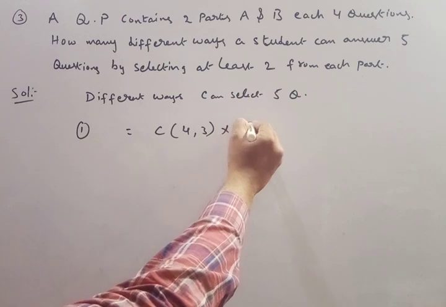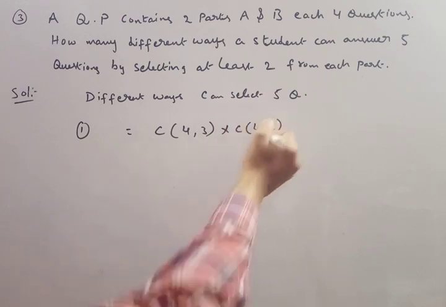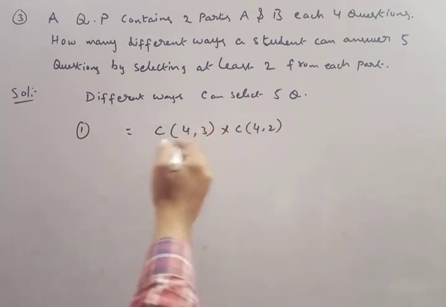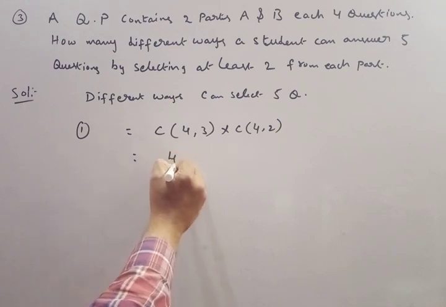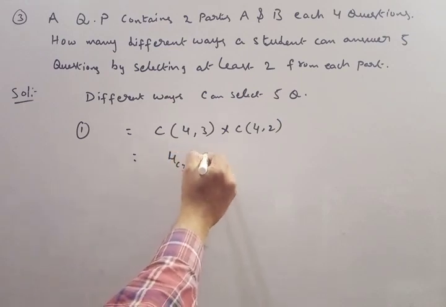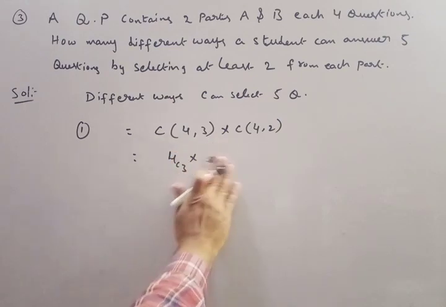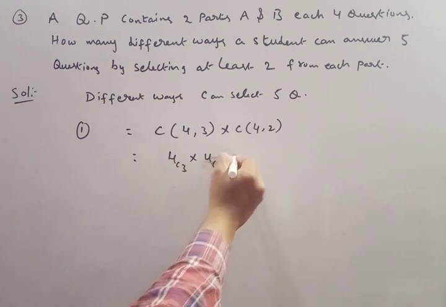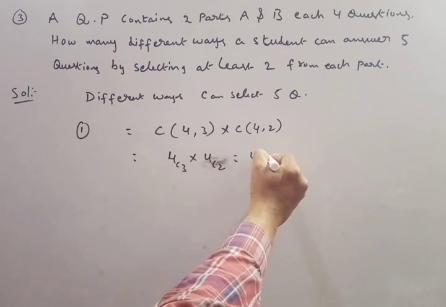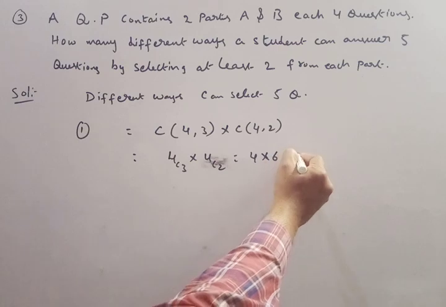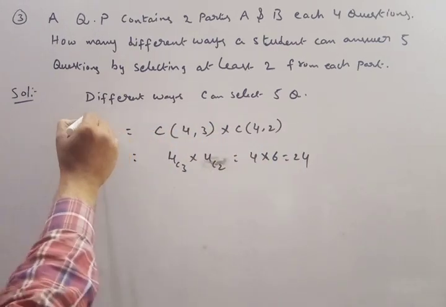And from part B 2. Understand? This is one way. That means we get 4C3 into 4C2. So 4C3 is 4, 4C2 is how much? 6. So 24 ways.